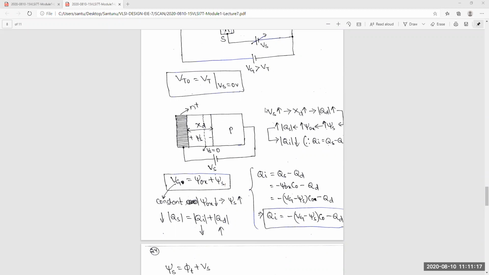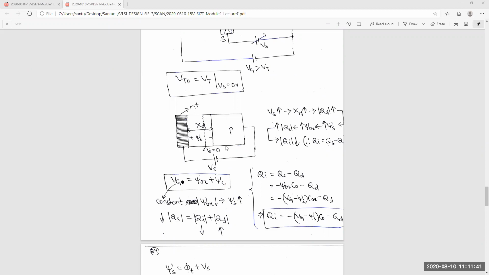When you increase Vs, just see this figure and listen to what I am explaining and compare. When you are increasing Vs, your depletion region width will increase or not? Because it's a reverse bias diode.